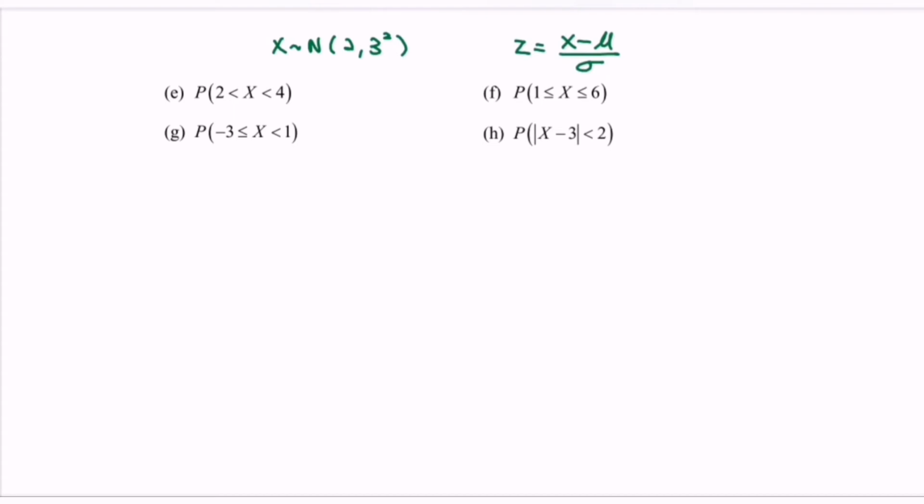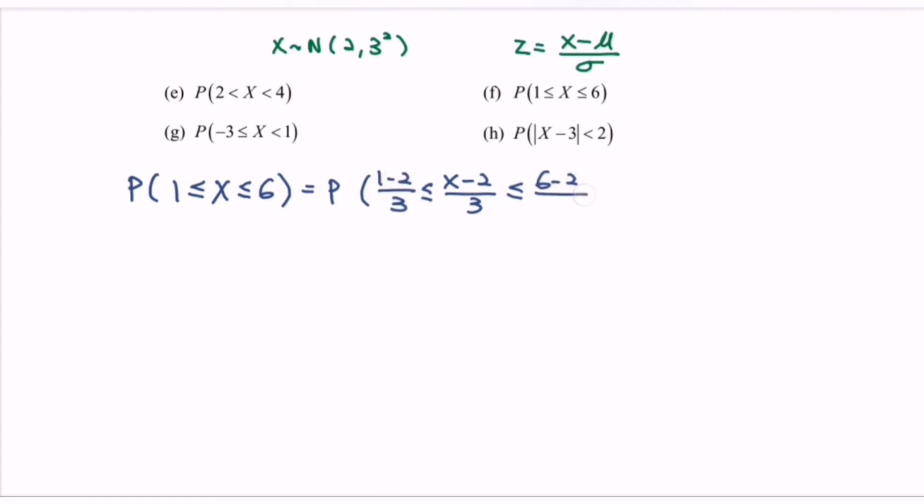Kindly refer to F, where we have the probability that x is greater than or equal to 1 and less than or equal to 6. Step number 1 is to standardize the situation. We have the probability that (x minus 2) over 3 is greater than or equal to (1 minus 2) over 3 and less than or equal to (6 minus 2) over 3.